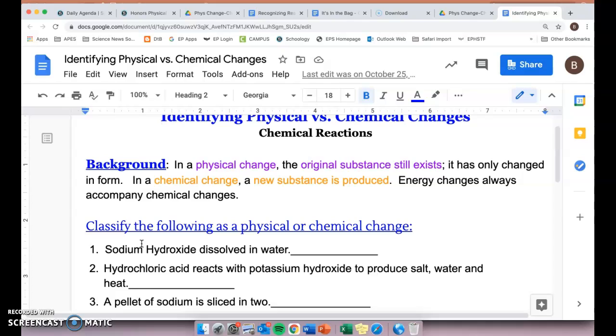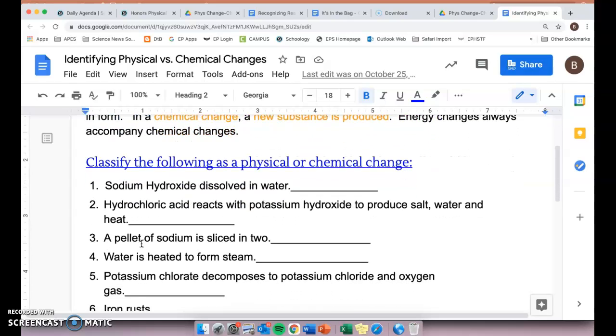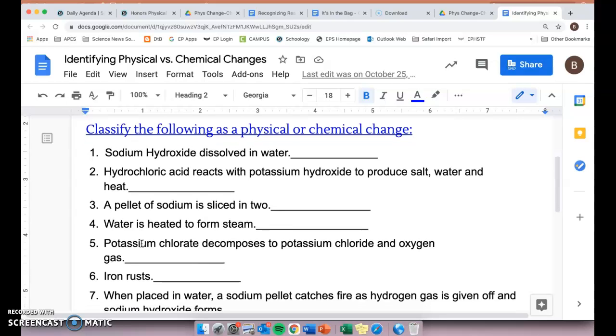You have the same stuff, it's just altered in appearance. In a chemical change, you get new stuff. So as you're reading through each of the situations, you're just deciding, okay, well, that looks like I've got new stuff. And if you decide you've got new stuff, it's a chemical change. If you have the same stuff, but it has changed its appearance, it's a physical change. So these two things are tied together, the notes and this worksheet.